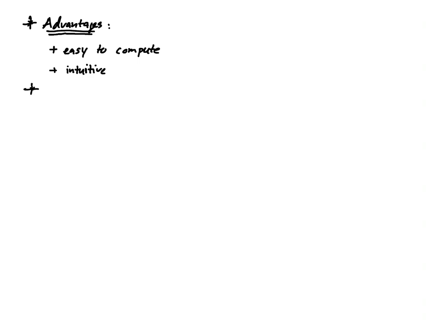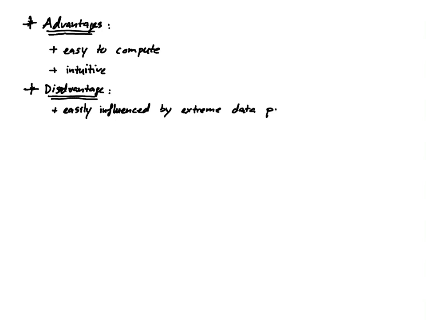Now, the main disadvantage of using the mean as a measure of location is that it is easily influenced by extreme data points. And we will talk about this disadvantage in the next video.